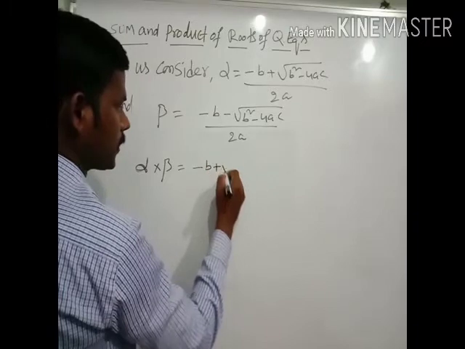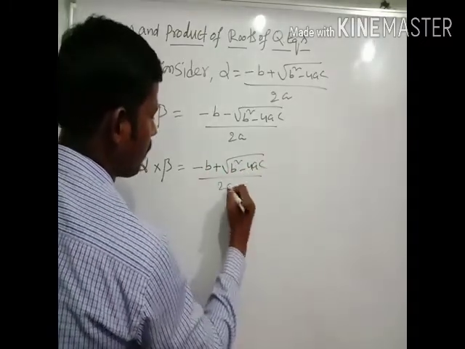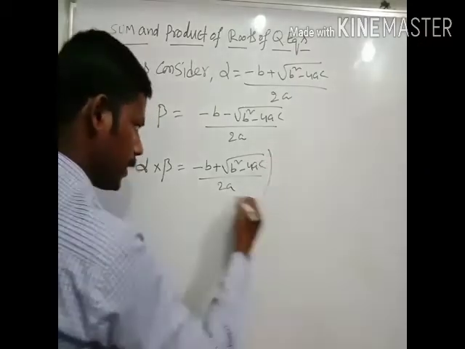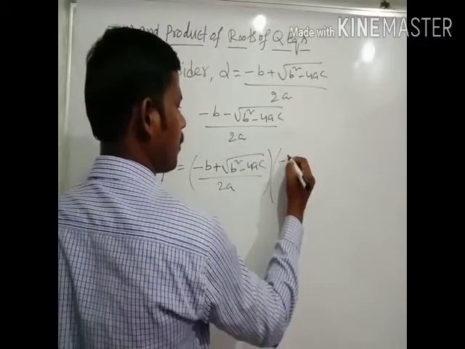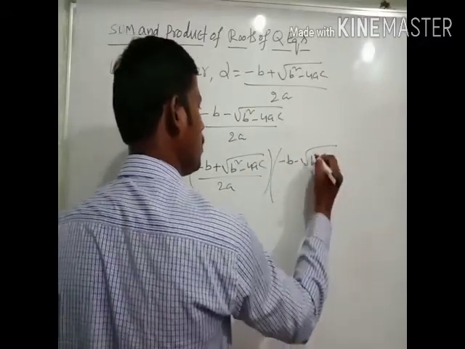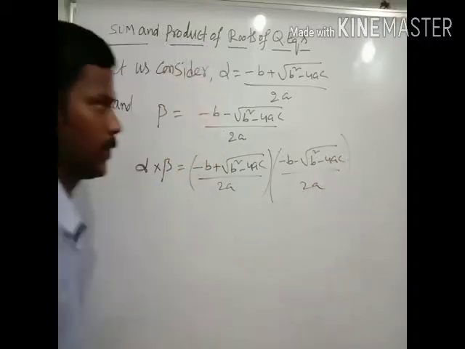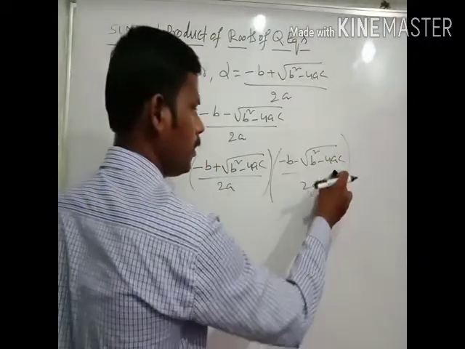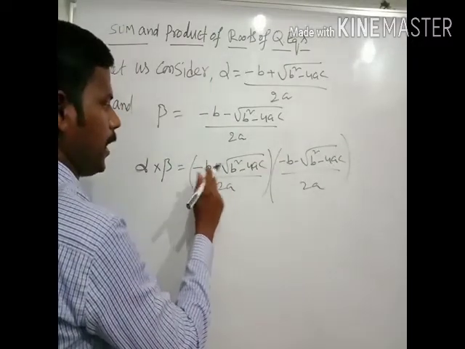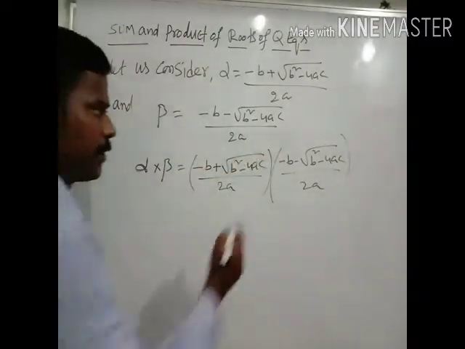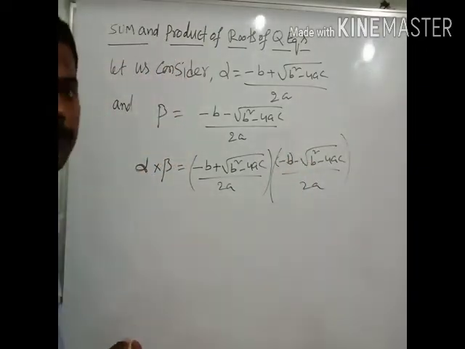Minus b plus square root of b square minus 4ac by 2a into, you can keep in brackets, beta. Beta means what? Minus b minus square root of b square minus 4ac by 2a. Okay children? Now numerator multiply: minus b plus square root of b square minus 4ac, minus b minus square root of b square minus 4ac.